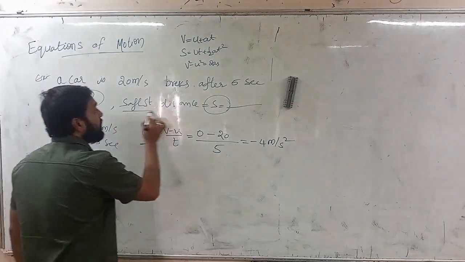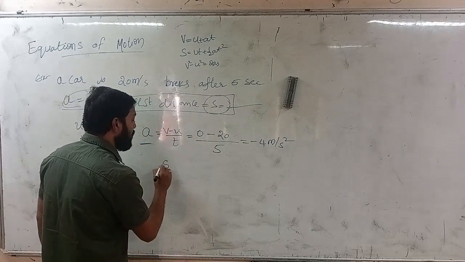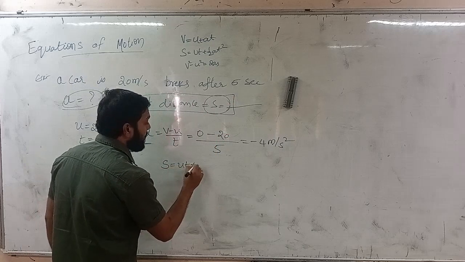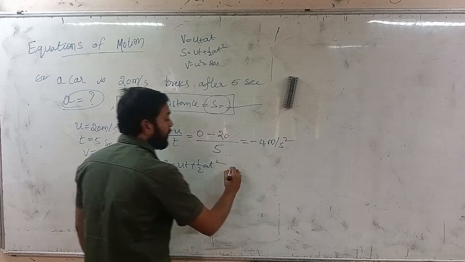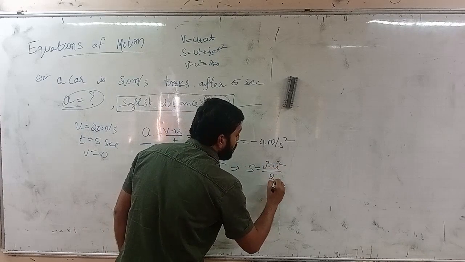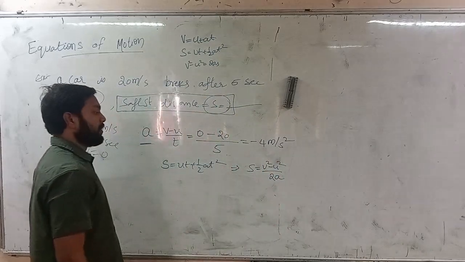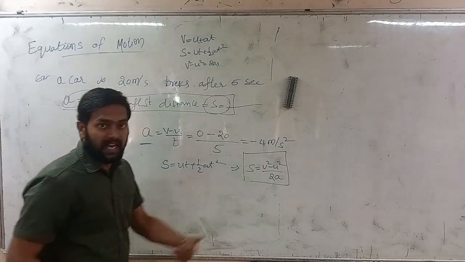And here they asked the safest distance. So safest distance is equals to s is equals to ut plus half a t square. We can use this formula or s is equals to v square minus u square by 2 times of a. Generally we will use this formula to get an easy answer.